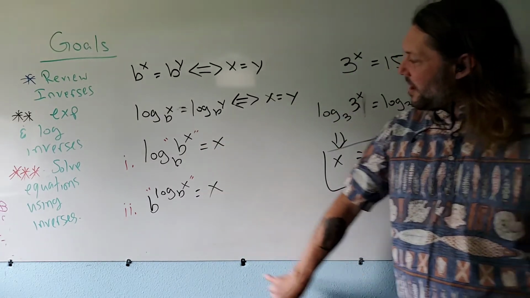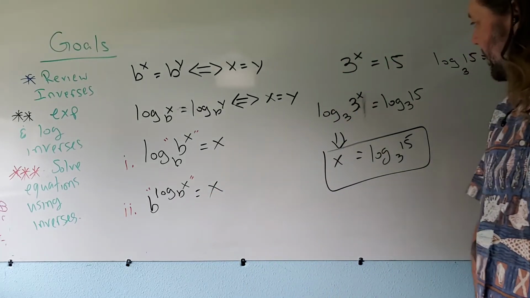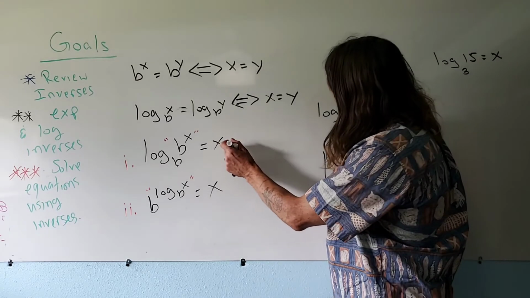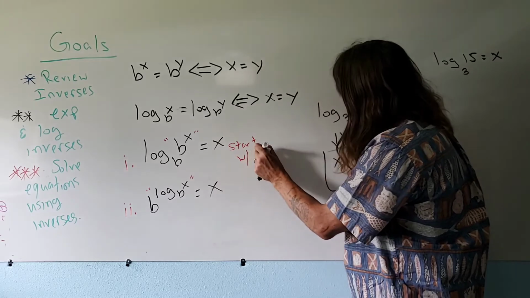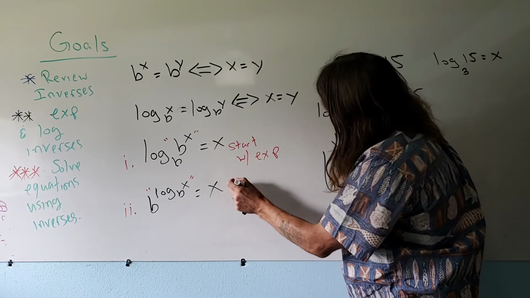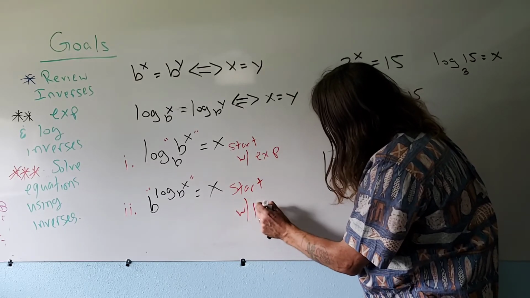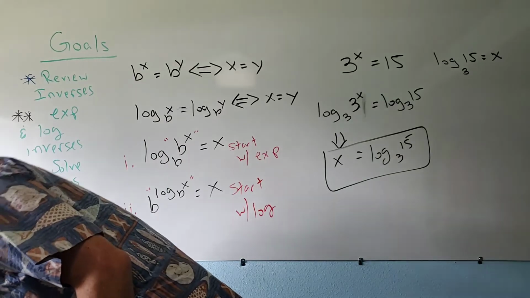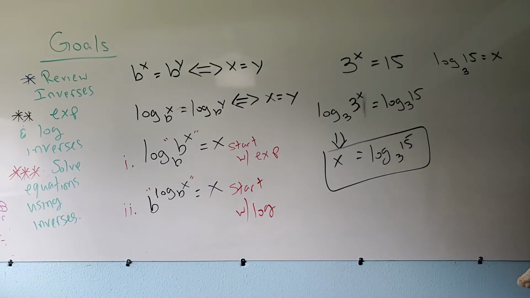Let's start off with a log and use this idea, and then that should wrap up today's lesson. Okay, so let me write a little note here. Start with an exponential, and this one we start with a log. Okay, so that was example 1. Example 2, I'll do log. Let's get out of the way for a sec so you can write that all down or pause it.